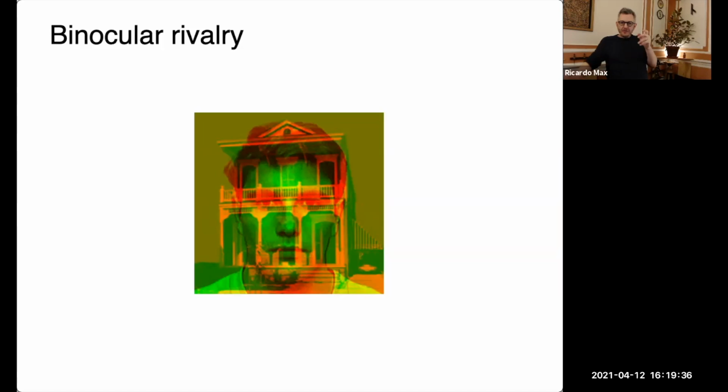And this is suppression. Suppression is when the information from one eye or from one area is suppressed in order to choose one meaning.